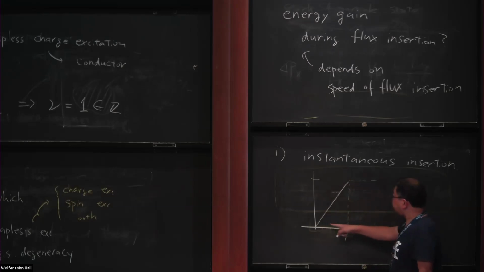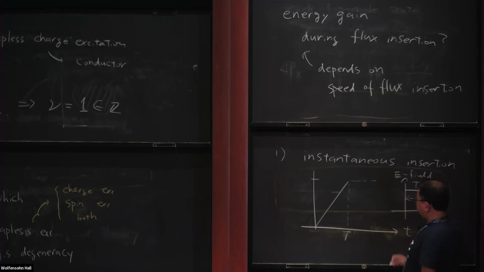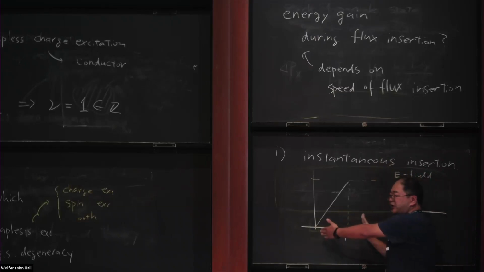Then if you increase the flux in this way, in terms of electric field, which is proportional to the derivative, it's like a pulse of width T. Maybe I should have drawn this in the beginning, but instantaneous insertion means that you take the limit of this capital T goes to 0.